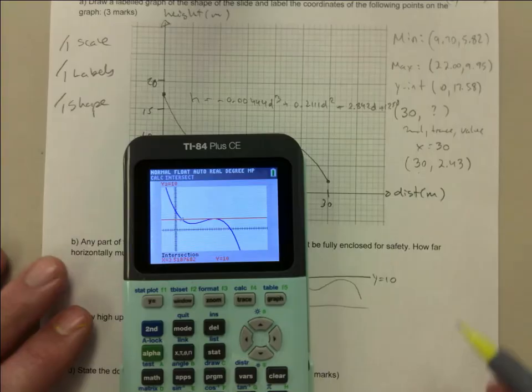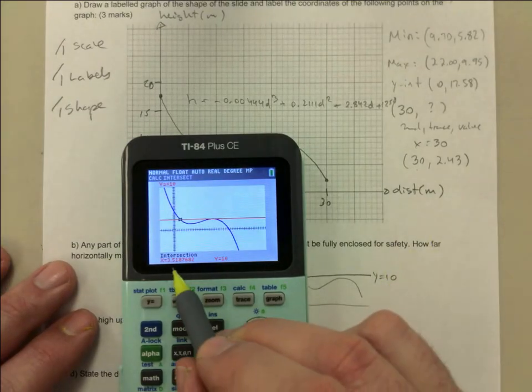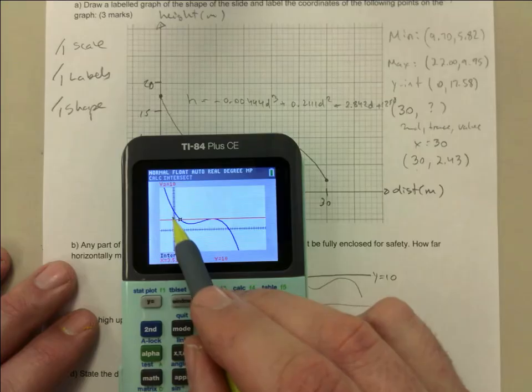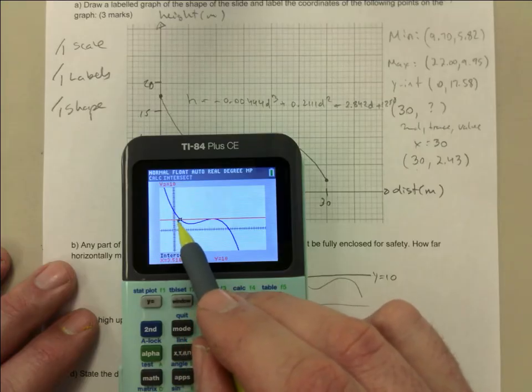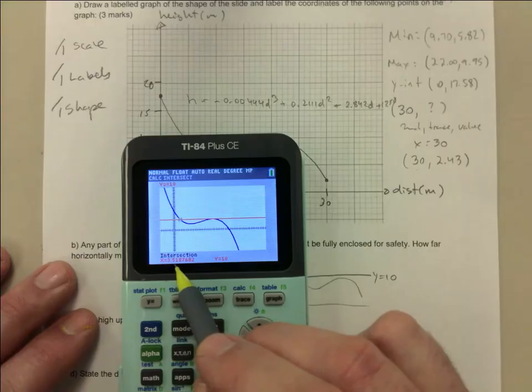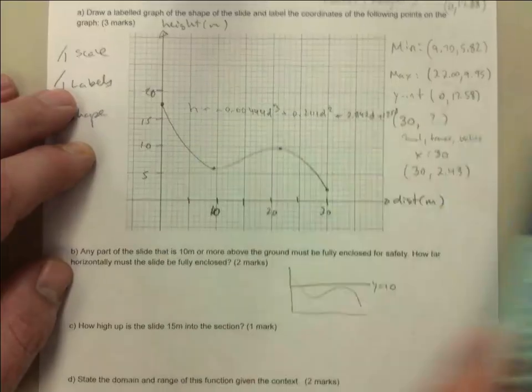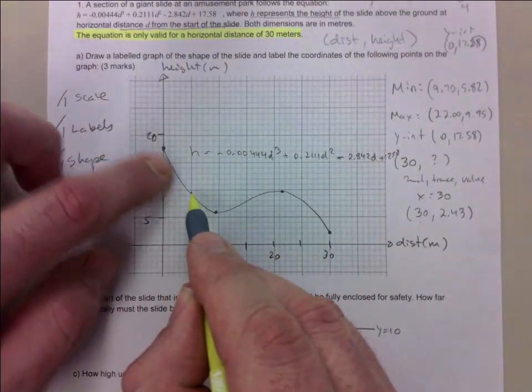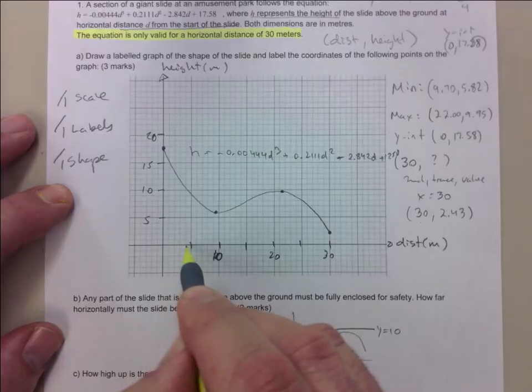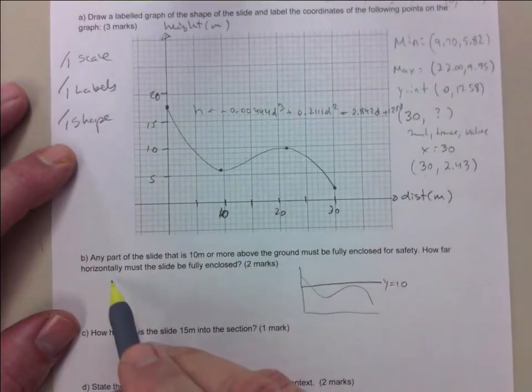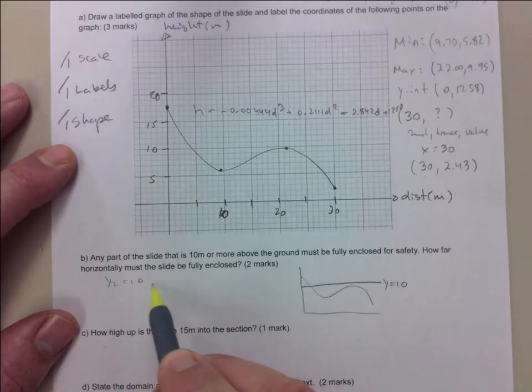Enter, enter, enter. So that's 3.52. So only from the horizontal distance 0 to 3.52 do I need fencing, because only that little stretch am I over 10 meters, right? This stretch right here. They want the horizontal distance for which you need that fence. So Y2 is equal to 10.